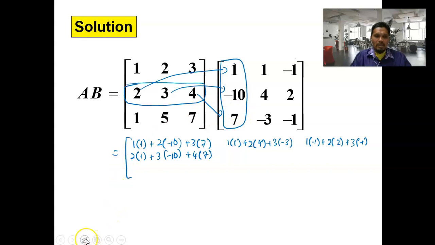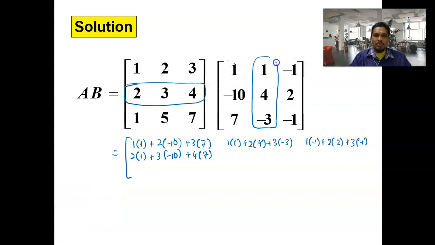Then next, the element in the second row and second column: 2 times 1, plus 3 times 4, plus 4 times negative 3.